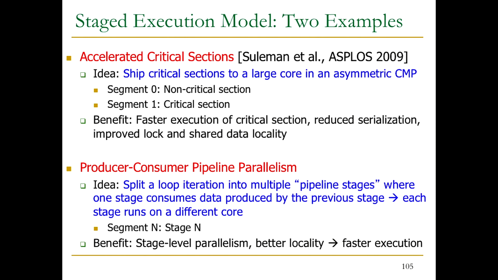But across the stages, you may be touching very different sets of data. That's one reason why you may want to partition things this way. Then you need to communicate some amount of data between the producer stage and the consumer stage. And of course, you could make this much more complicated. You could have multiple producers, multiple consumers, right?